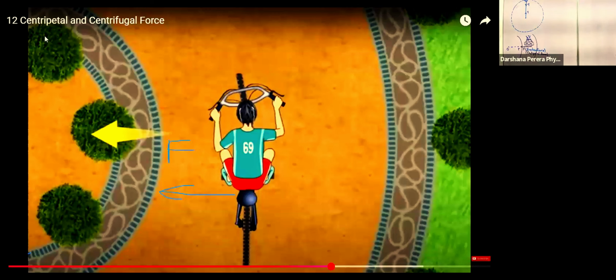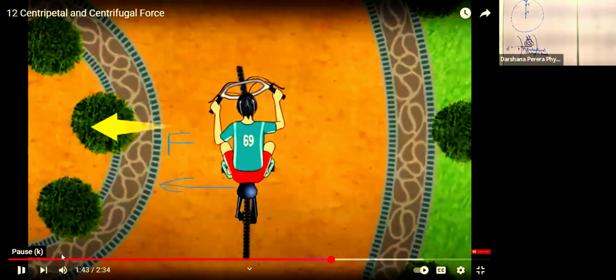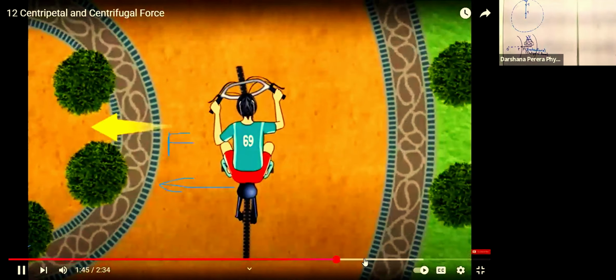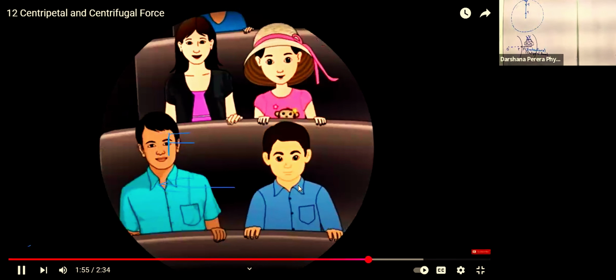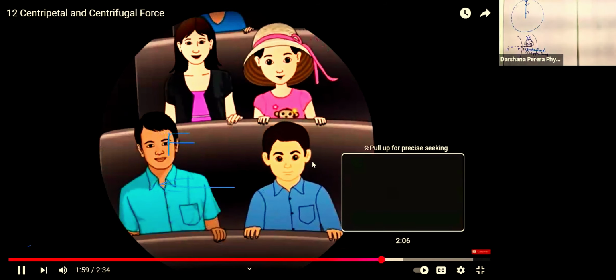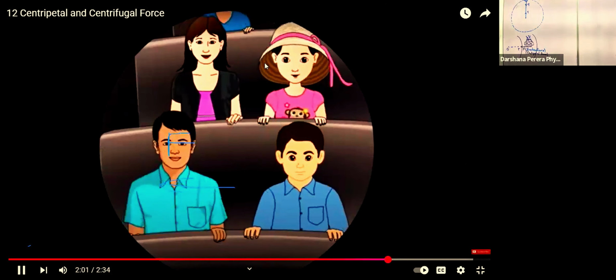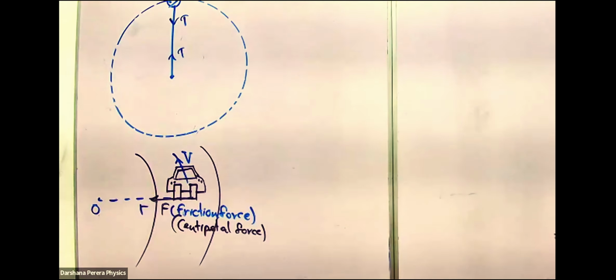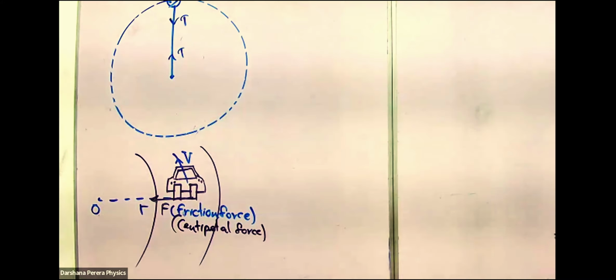When we are moving in a bus, what is the centripetal force? It's also a frictional force or the reaction force coming from the supports, right? Like that. Okay.